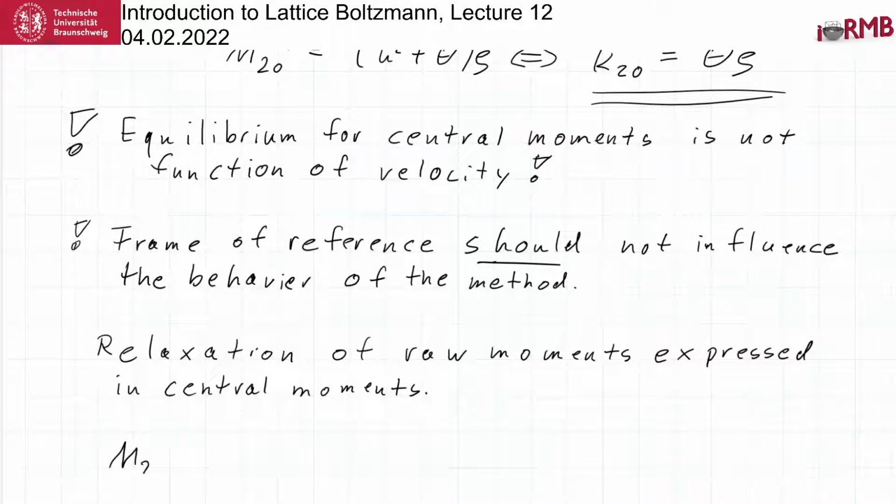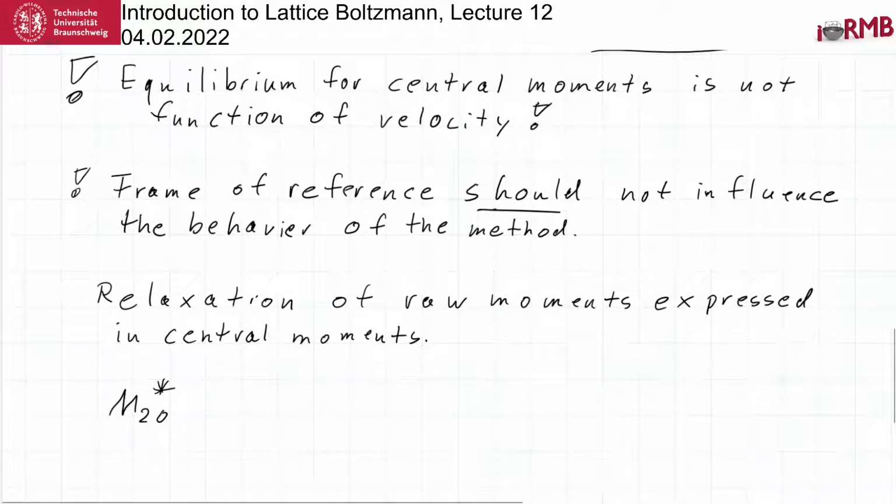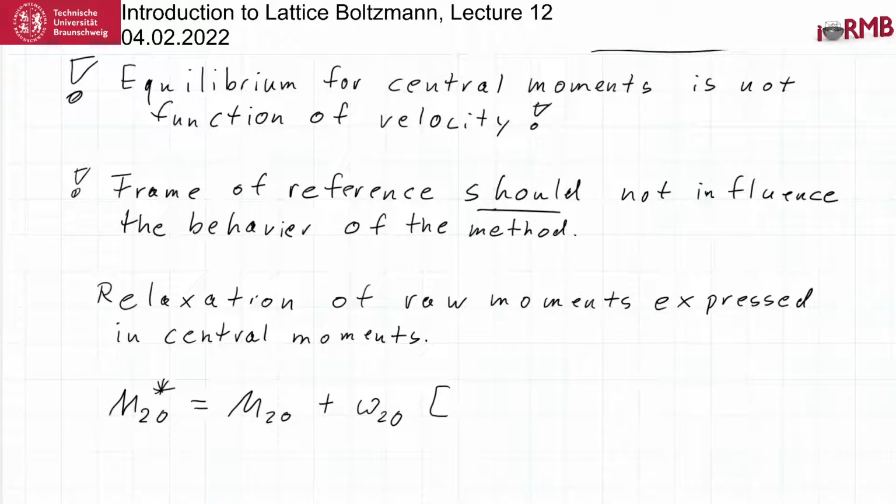with the moment m20. So m20 after collision is m20, and now we make our life simple and say, okay, there's a specific relaxation rate attached to this moment, which we can also do for the sum of them, but we now assume that this is just the relaxation rate omega 20, and this goes into m20 equilibrium minus m20.